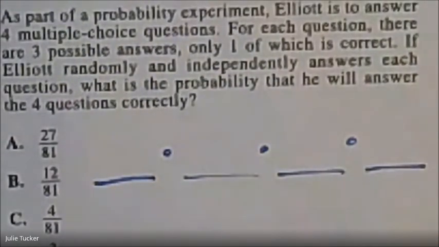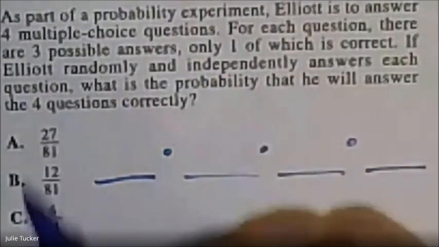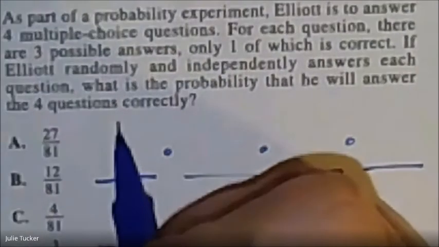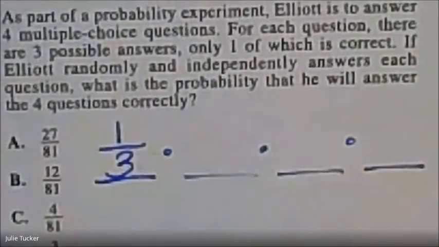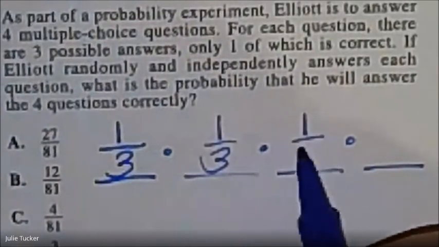So for each question, if there's only 3 choices, kind of like what I'm showing you in the window right now, then your chances are 1 out of 3. If there's 3 things that can happen, it's 1 out of the total, so 1 out of 3. So you're doing 1 out of 3 for each one of these.